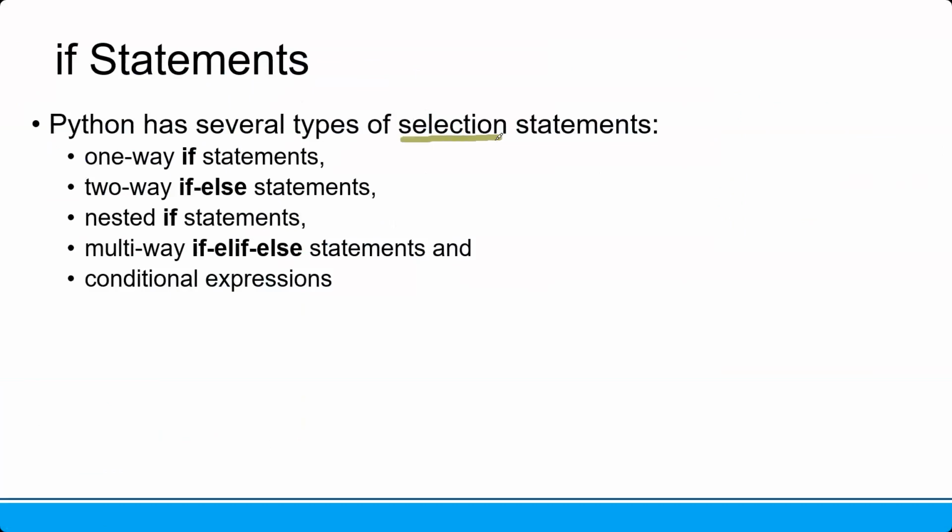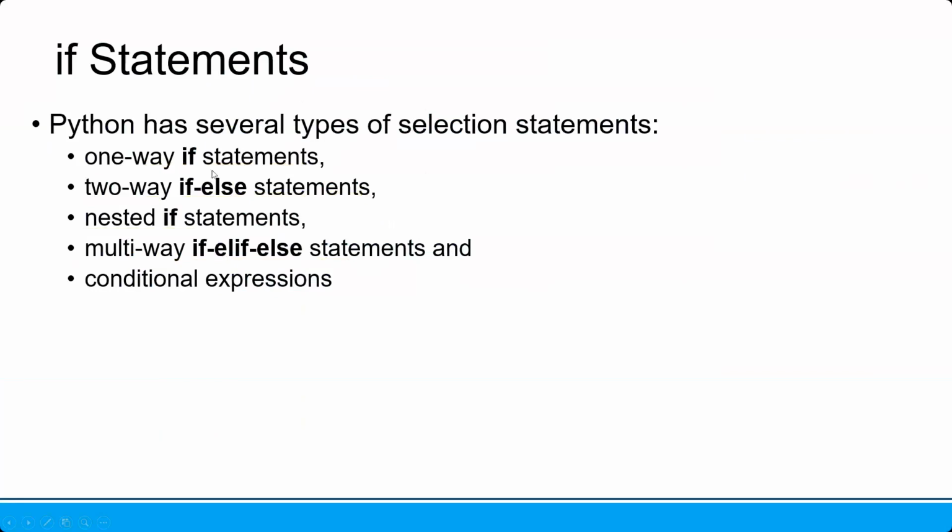We will learn each of these. We have the one-way if statement, the two-way if-else statement, the nested if statement, the multi-way if-else statement, and the conditional expressions. Okay, now let's do one by one.